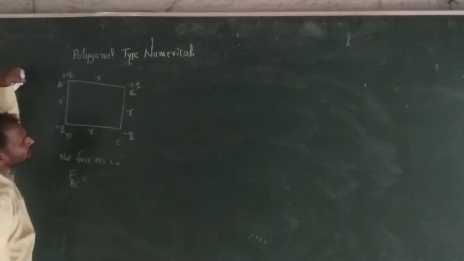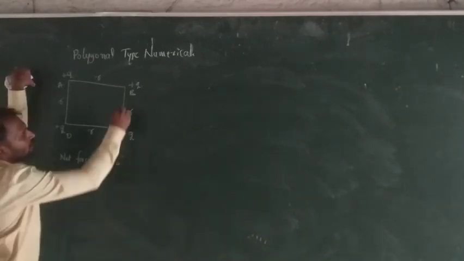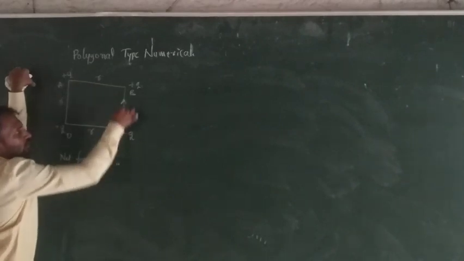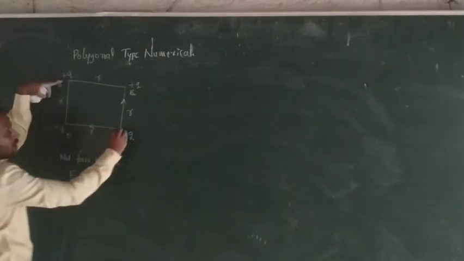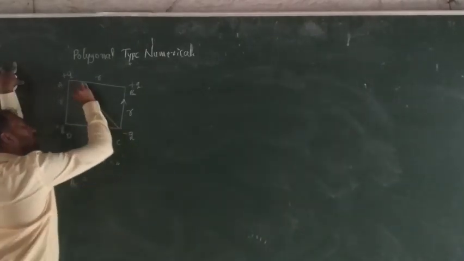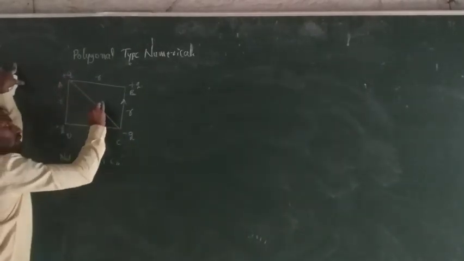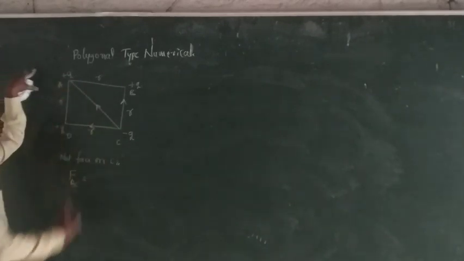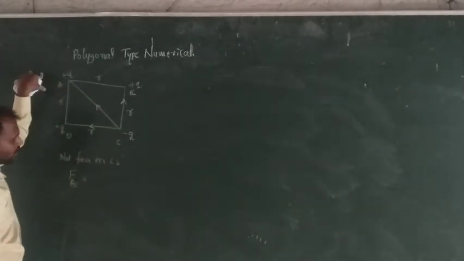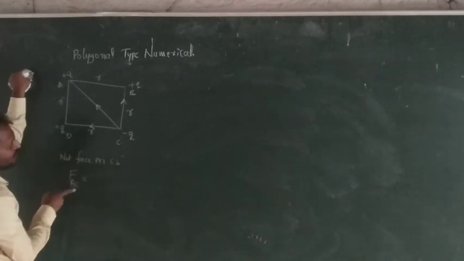Attractive force means the direction: minus q attracts with a plus q, and here also minus q attracts with a plus q, and here also these two charges, minus q attracts with a plus q charge. So first one is FBC.